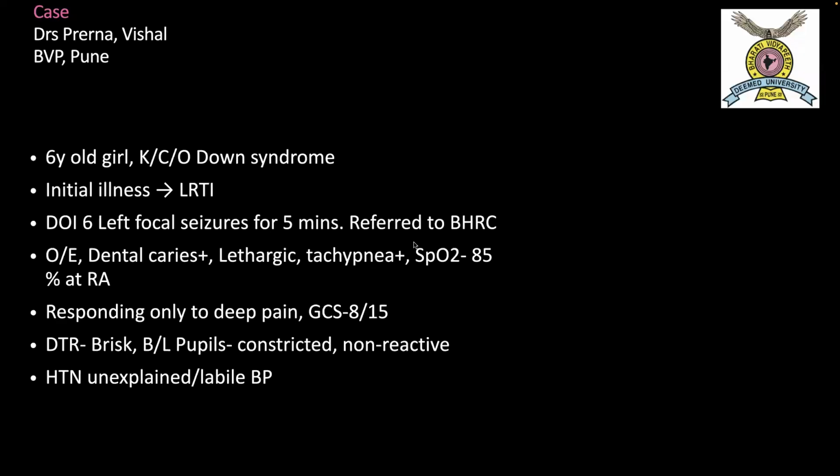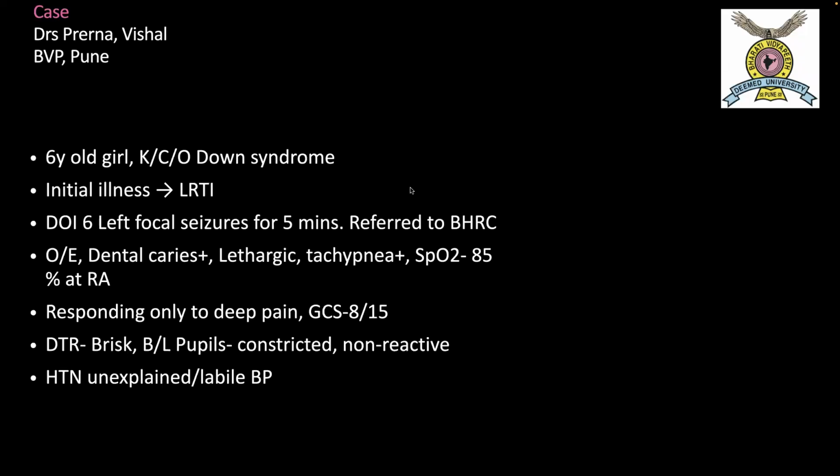Yeah. Next is also from Pune. This is a 6-year-old girl, known case of Down syndrome, diagnosed at 3 years of age. Otherwise she was doing well, and she had 7 days of lower respiratory tract infection, with fever for 3 days followed by cold and cough.